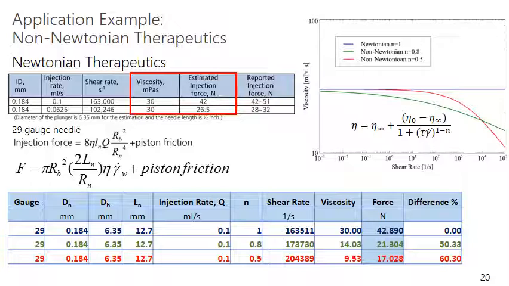At those shear rates, the viscosity of the non-Newtonian fluid is going to be much lower than the Newtonian counterpart. This is going to have a tremendous effect in our force estimation.